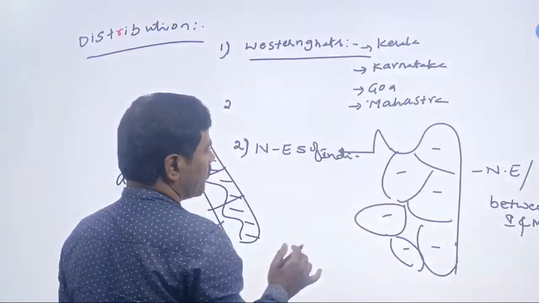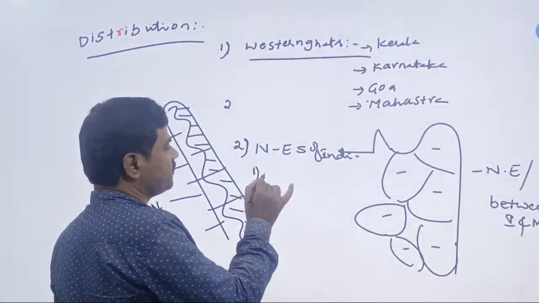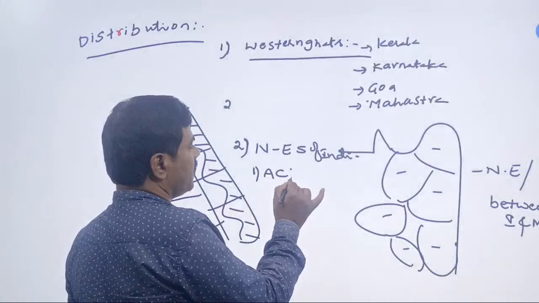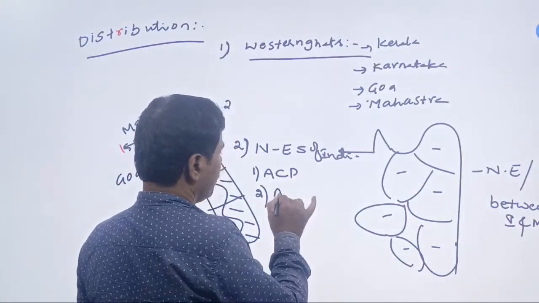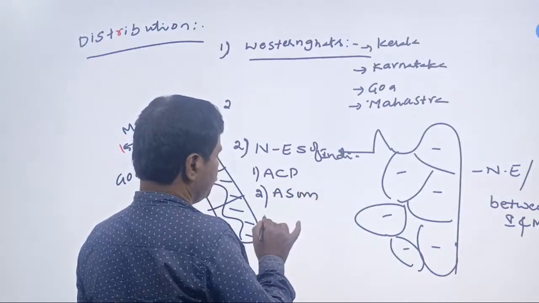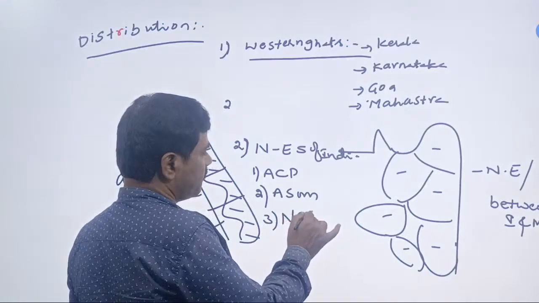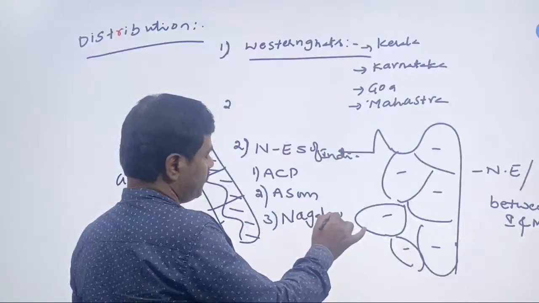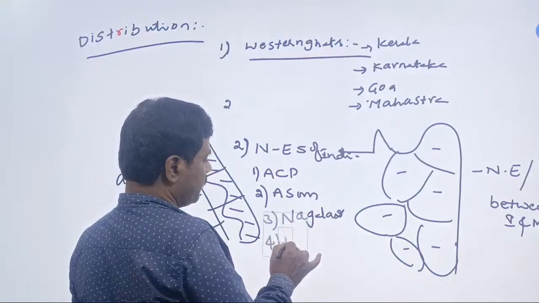First one is Arunachal Pradesh. Second is Assam. Third is Nagaland. Fourth is Manipur.